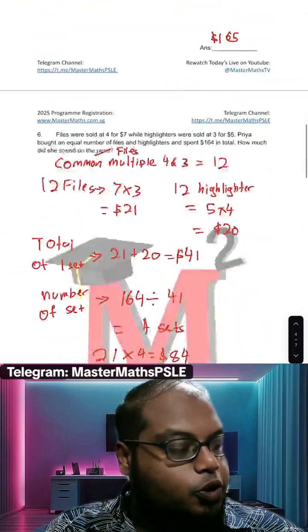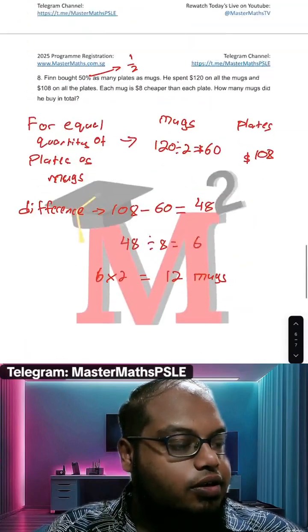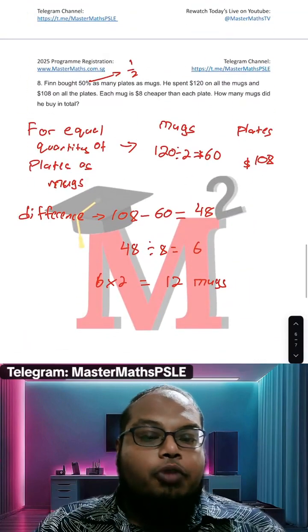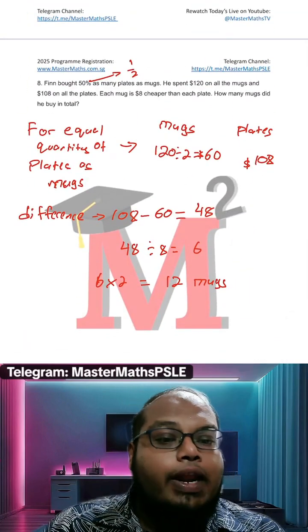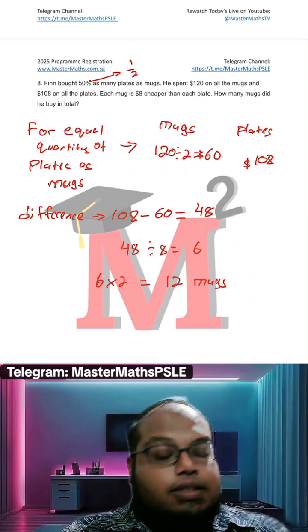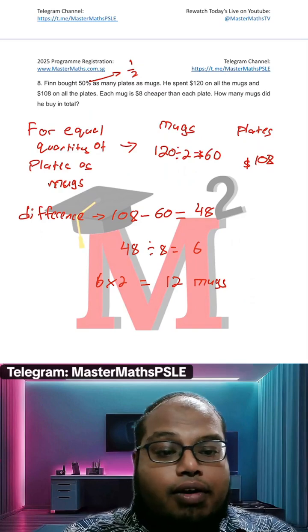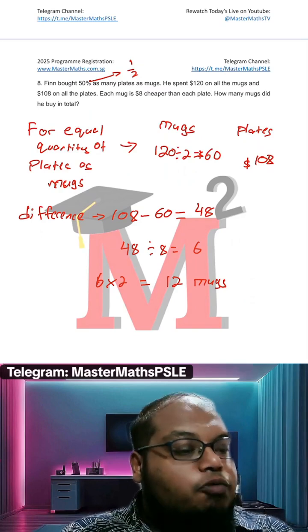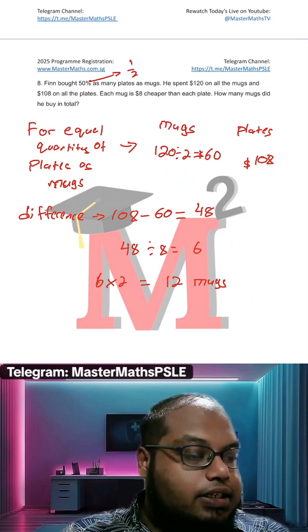Alright, let's go through from the last question, because I think the last question requires more attention. Just now when I mentioned that Finn bought 50% as many plates as marks, 50% is half, right, when we convert to fraction. So half as many plates as marks.